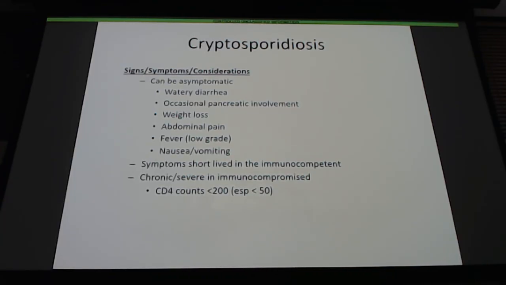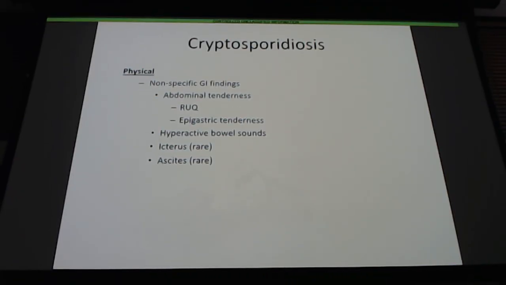So HAART therapy is really what we do for these guys. For us, we can do some antiparasitics, but those antiparasitics are not helpful for folks that have AIDS or are immunocompromised. Okay. But here's some physical symptoms: abdominal tenderness, right upper quadrant, epigastric pain, hyperactive bowel sounds.